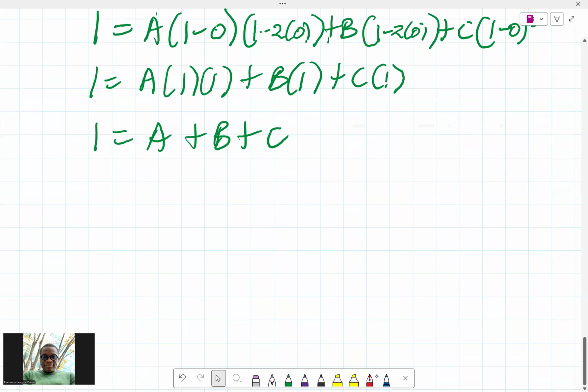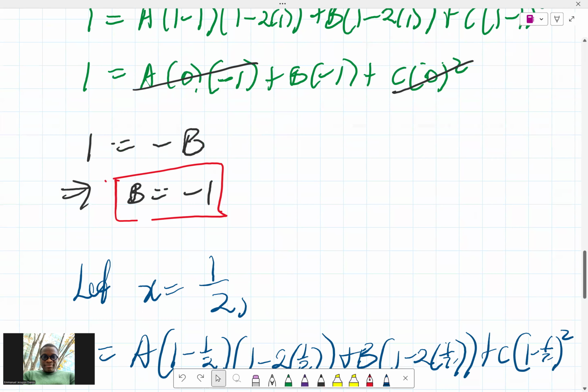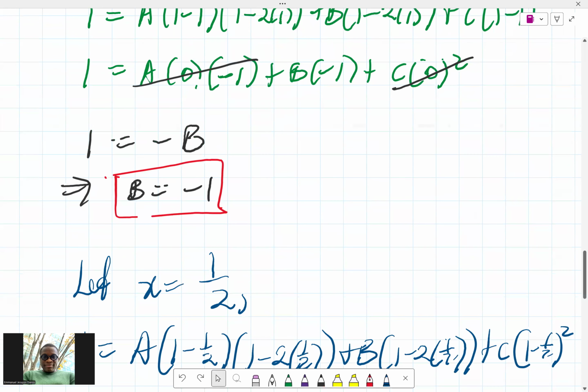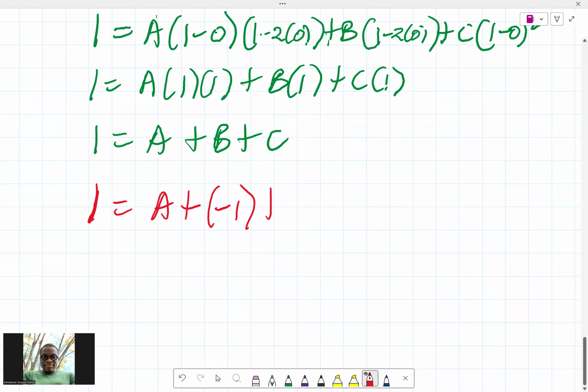So we have 1 equals a plus b plus c, where b is minus 1 and c is 4. So 1 equals a minus 1 plus 4.